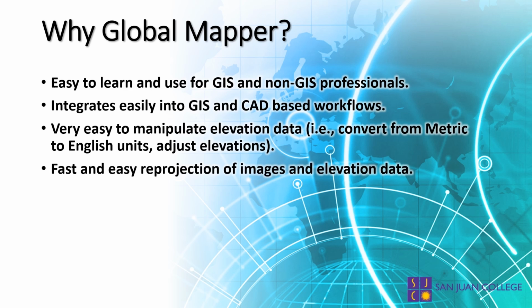It's fast to reproject images in elevation data. So the same issue of needing something, say, in UTM, which is pretty standard for, say, the Bureau of Land Management, which is the big federal agency here in northwestern New Mexico, or if you're working with a local government where you need to have things in state plane coordinates, so you can move back and forth with the data.